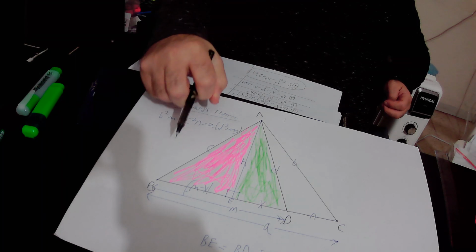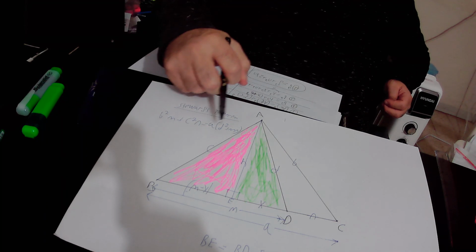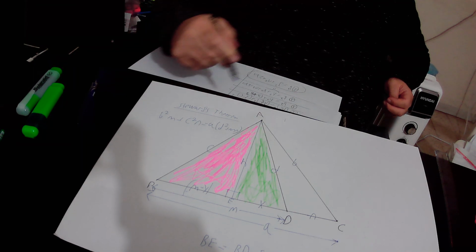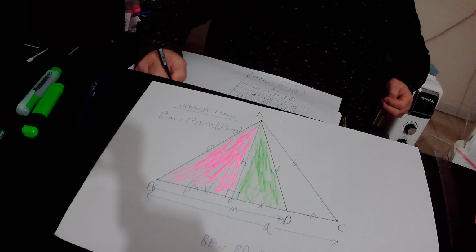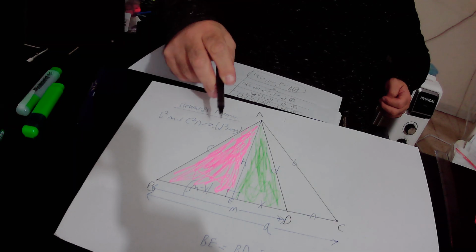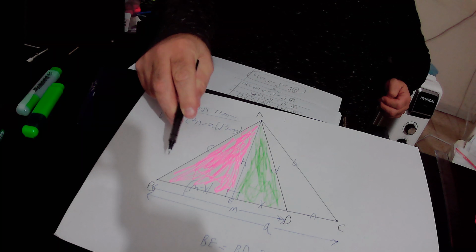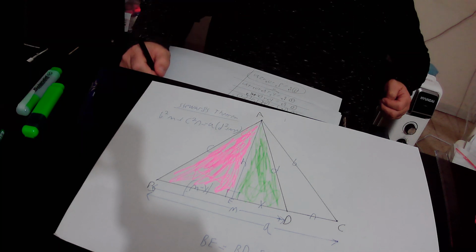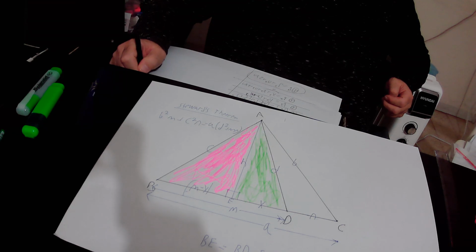The hypotenuse is AB, so the square of the hypotenuse is AB squared, and it must be equal to the sum of the squares of the perpendiculars, that is to say, BE squared plus AE squared.